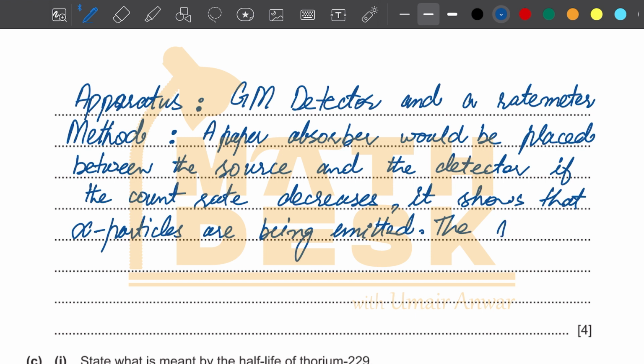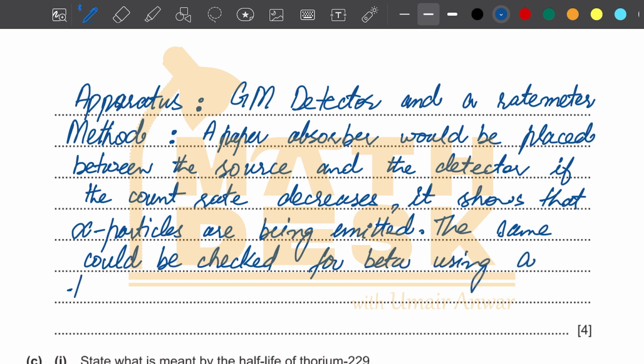The same could be checked for beta using a thin metal between the source and detector.